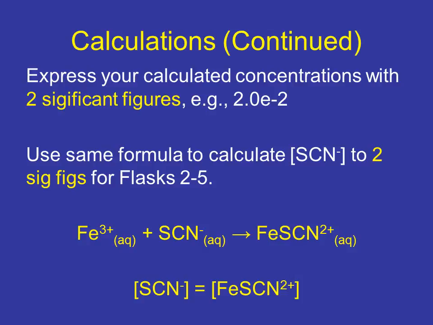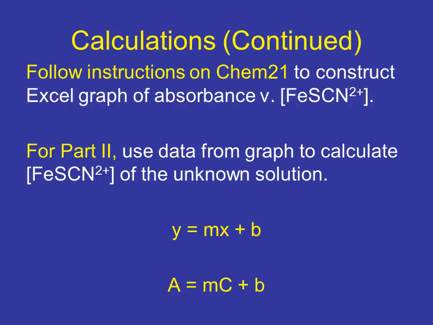Since the thiocyanate concentration is equal to the thiocyanate iron concentration, once you've calculated the thiocyanate concentration, you now know the concentration of the thiocyanate iron for flasks 2 through 5. Follow the instructions on CHEM21 to construct your Excel graph of absorbance versus the concentration of thiocyanate iron.